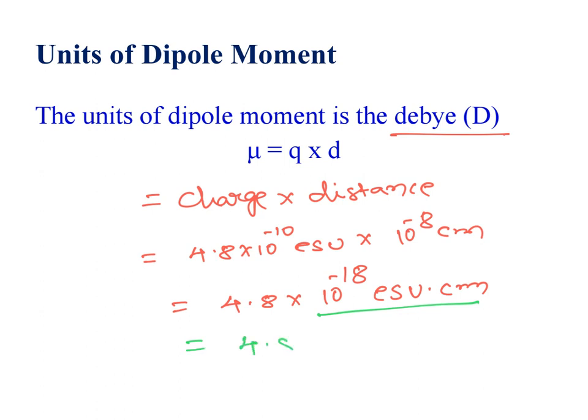That is 4.8 D. I can write that D represents 10 power minus 18 times the corresponding units. So most of the time, in dipole moment data, we always go with D units. Basically we take the electrostatic unit and distance in centimeter to represent the dipole moment.